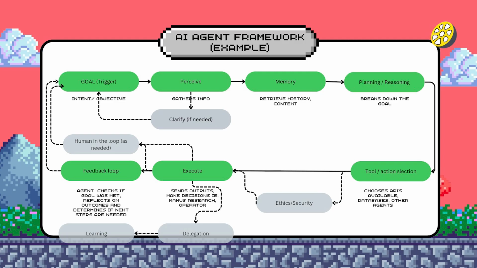And then your LLM perceives it, but after perceiving it, it would look at its memory. What were the past conversations that I had with this user? What did they like? What they didn't like? Previous feedback it gave me. And then after retrieving information from the memory, it starts to reason.